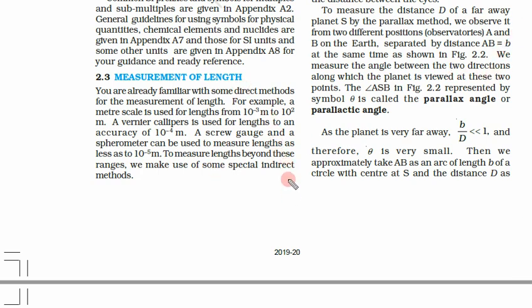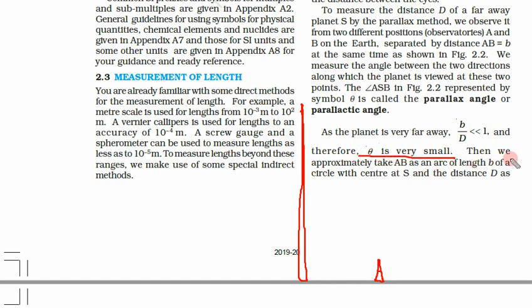Let us draw this situation. If the object is near, this angle is very big, but here this angle is very small. So for a very far planet, theta is very small.